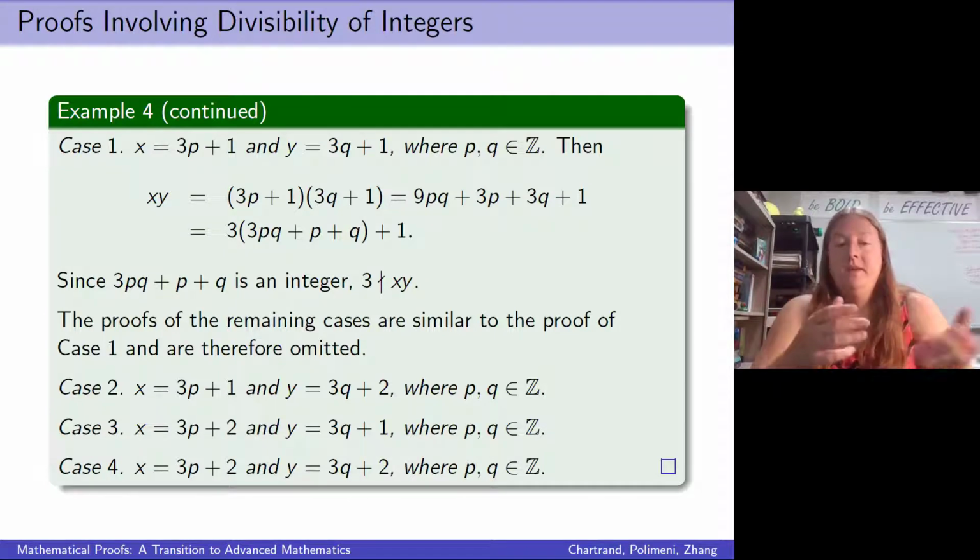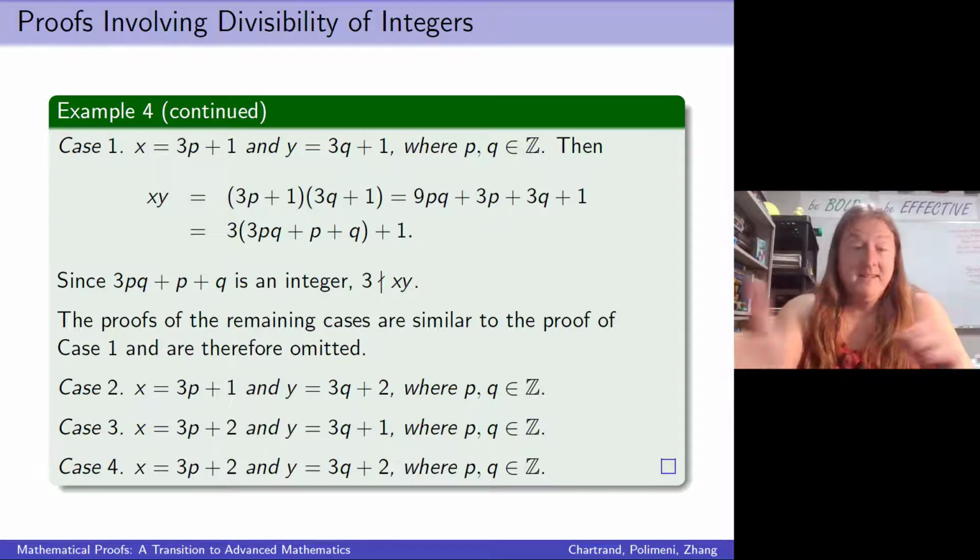So we write our product, x times y, as 3p plus 1 times 3q plus 1. We do some arithmetic and simplification, we factor out a 3, and we have a remainder of 1. That tells us that xy is equal to 3 times an integer plus 1, and that plus 1 tells us that 3 does not divide xy.